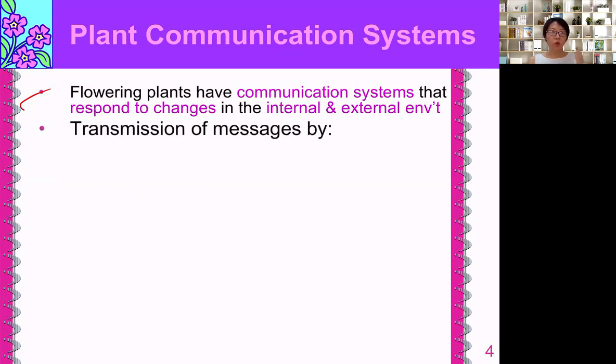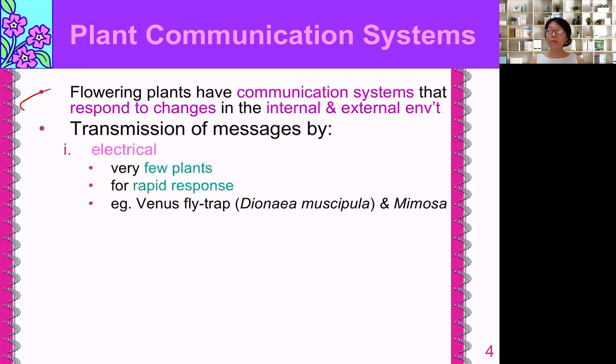This communication system's function is to transmit messages either by electrical or by chemical means. If you want the response to be very fast, we have to use the electrical way of communication, which uses action potential.